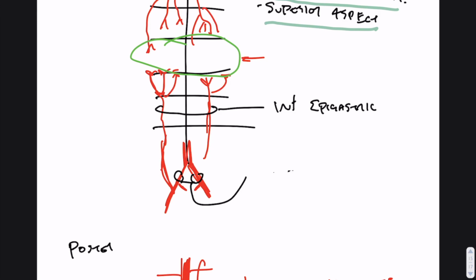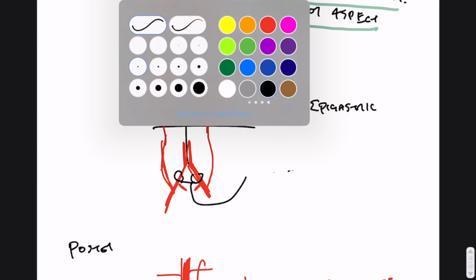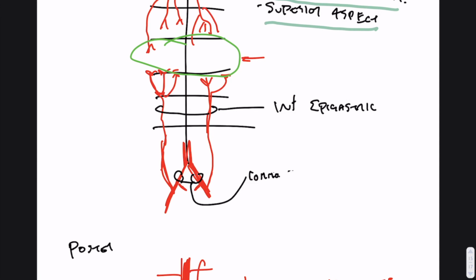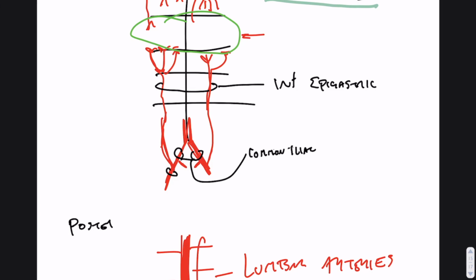This one's not drawn totally correct here. So labeling this stuff, there's our common iliac. And then here, where those inferior epigastrics are coming off, that is the external iliac. And the veins drain into the same external iliac vein as well.